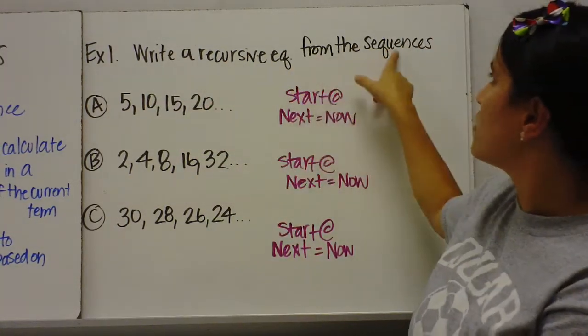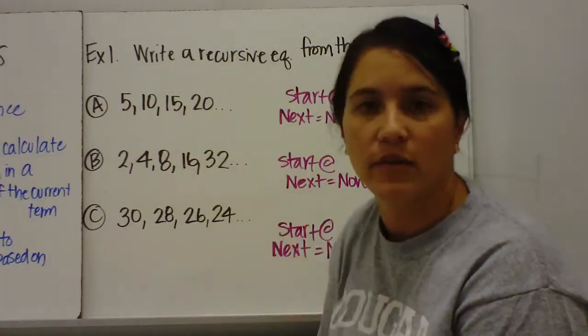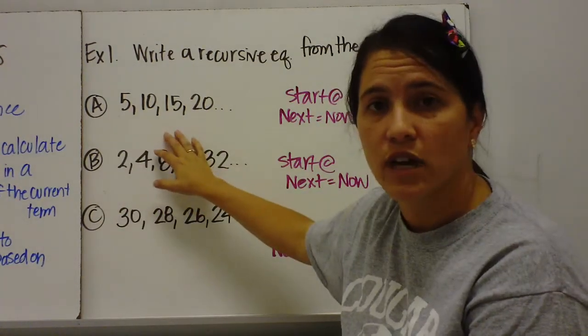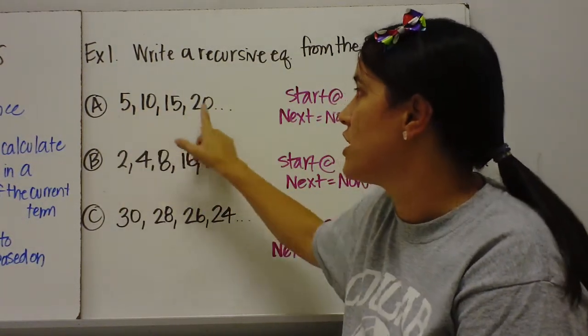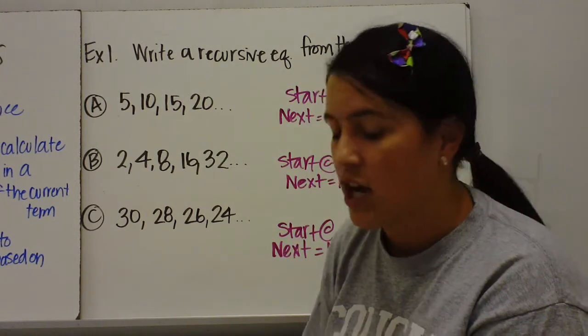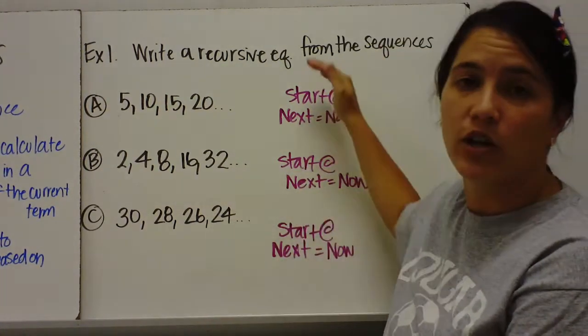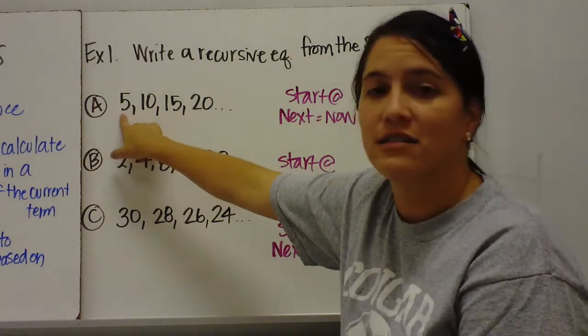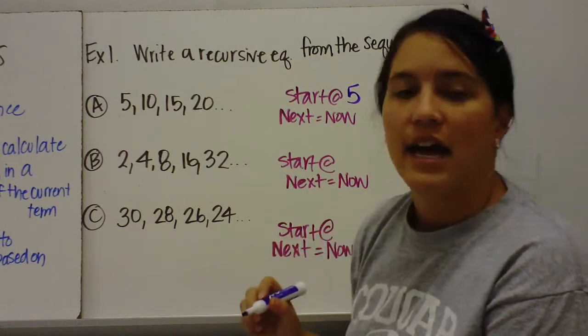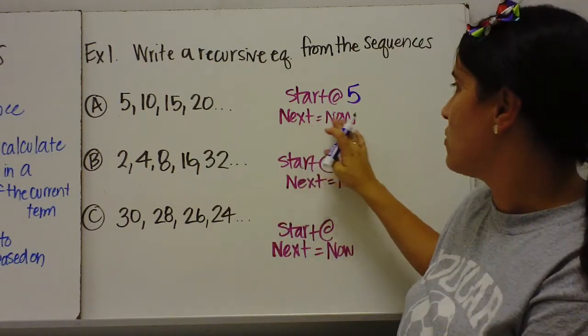Write a recursive equation from the sequences. So A, B, and C. We have 3 problems. I have a sequence of numbers. So in this sequence, 5, 10, 15, 20, you've already probably figured out what the next terms are going to be. So when you start, here is our recursive equation. We start at 5. Start at 5. And our equation, next equals now.